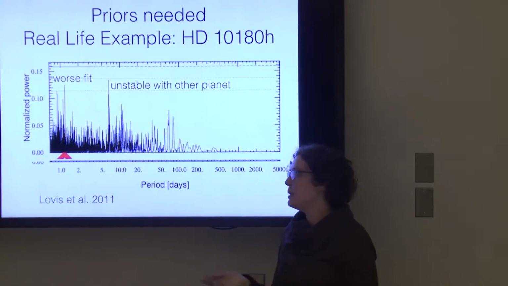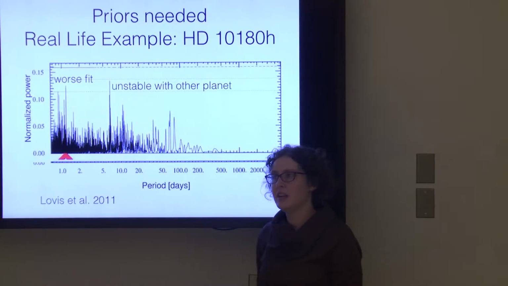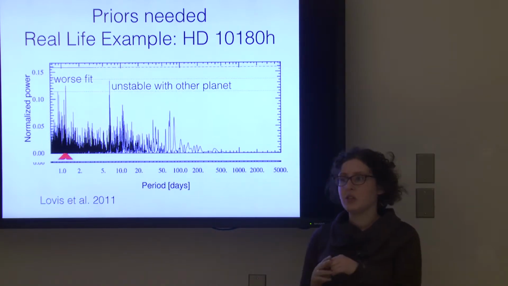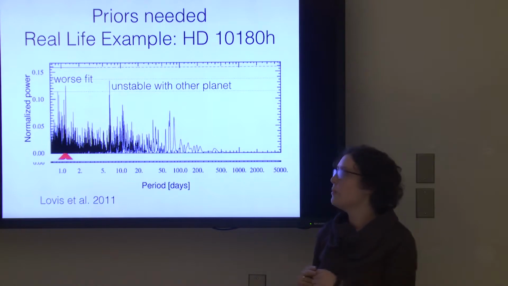Maybe you think it would be a big coincidence to have a period so close to 1 day, because the aliasing is a 1 cycle per day alias caused by the fact that you can only observe the star during the nighttime.